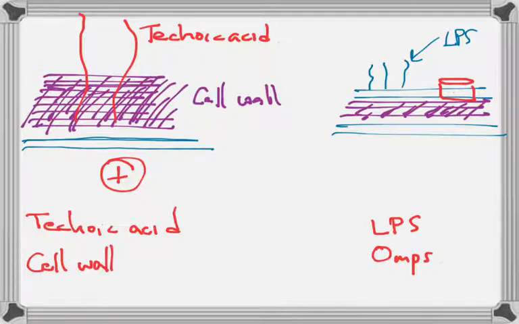On some of both of these there actually are additional receptors that we haven't drawn here. Flagellin, which is a protein that makes up the flagella, could be a potential receptor on both.